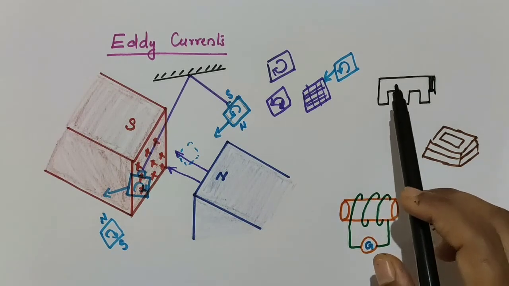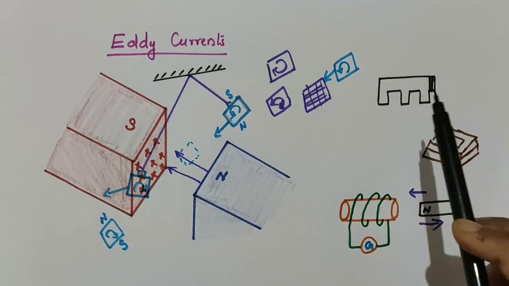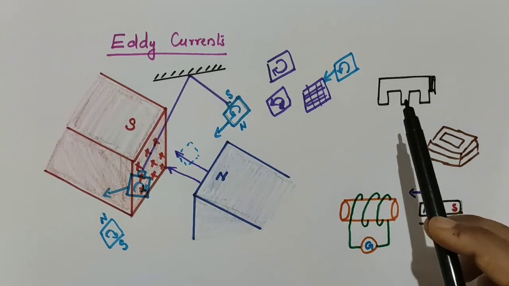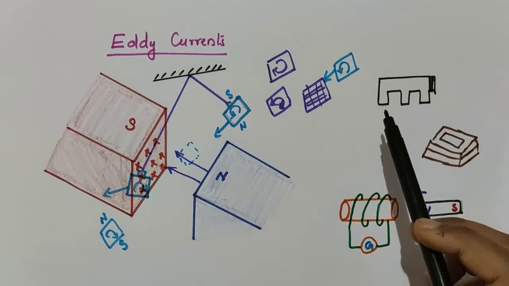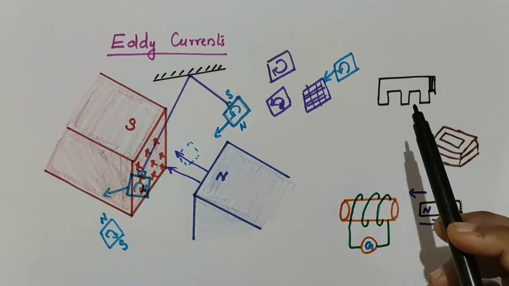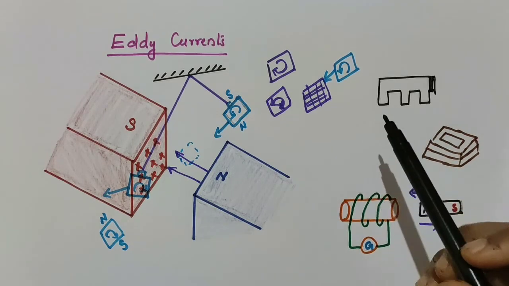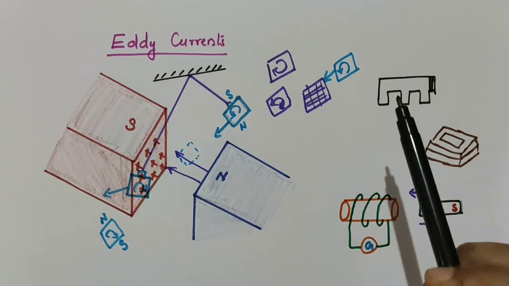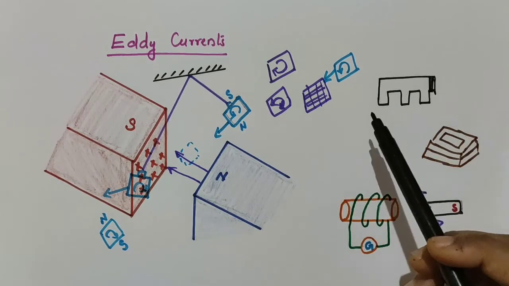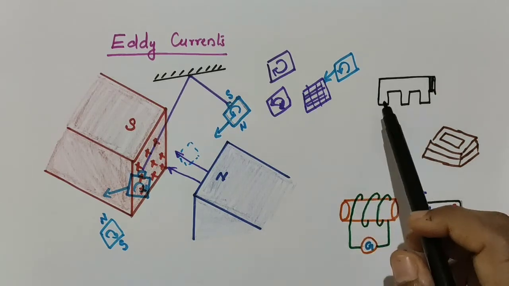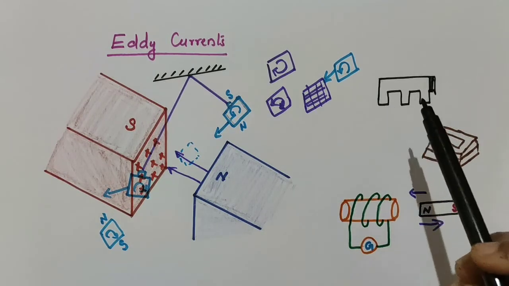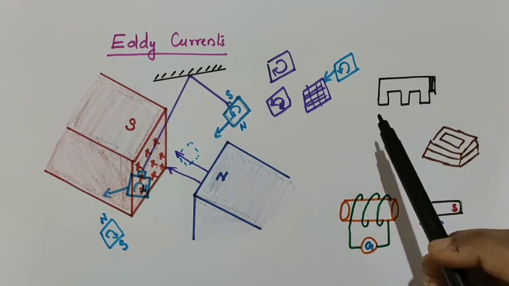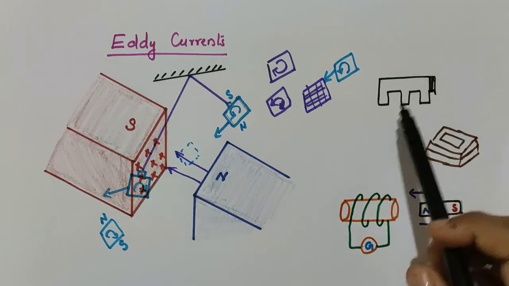So the copper plate with such slots or holes reduces electromagnetic damping. Electromagnetic damping is the slowing down of the motion of a moving object by using electromagnetically induced currents without any physical contact with the moving object. So the copper plate with such slots or holes reduces electromagnetic damping and the plate swings more freely.